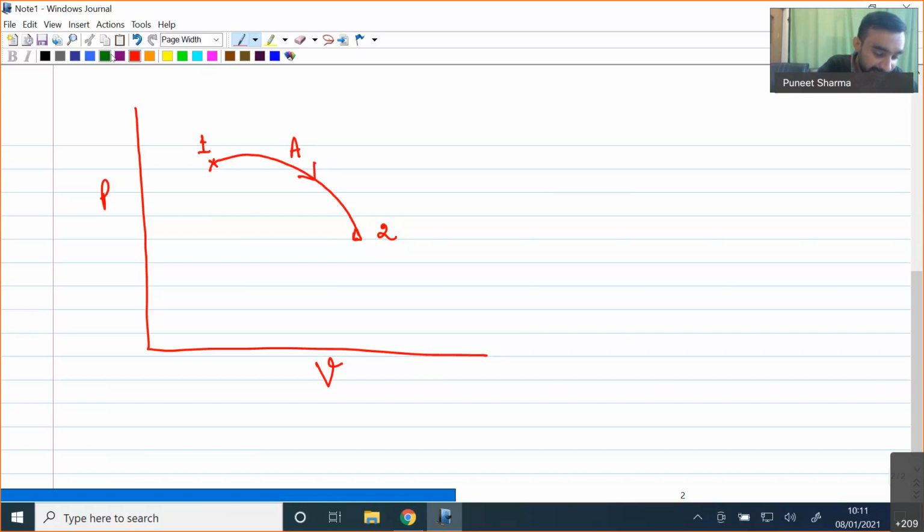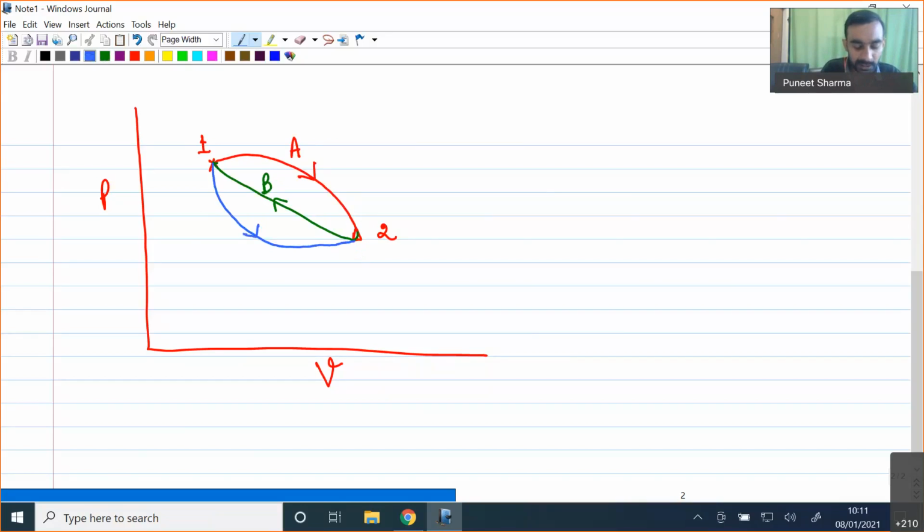Then one more process has happened, but in the reverse direction from state 2 to state 1, and the path taken by it is B. Now let me take one more process C, and this process C has happened in the forward direction.